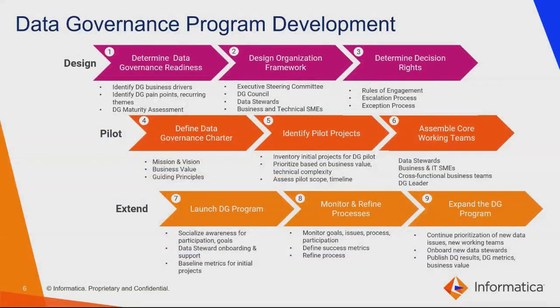And always goes with the organization framework, having steering committee, council, and stewards, and working teams that we just now went through in the previous slide. And the third step is basically to determine the decision rights of rules of engagement, escalation process, or exception process, going through people, process, technology as a fundamental principle of data governance.